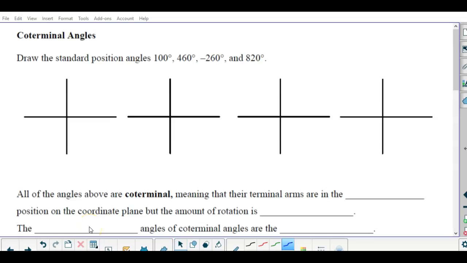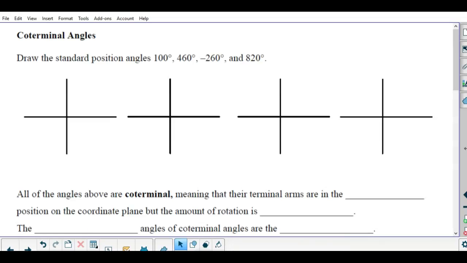Coterminal angles are the same angle, same initial arm, same terminal arm, but they represent different angles. You can keep going around and around and around. So I want you to draw what you think is about 100 degrees, about 460. You're not using a protractor, so just do the best that you can.